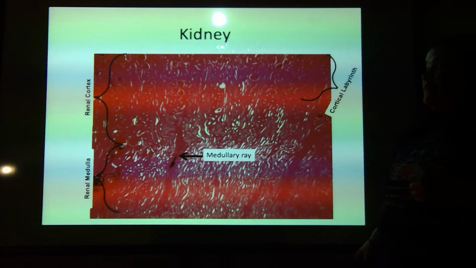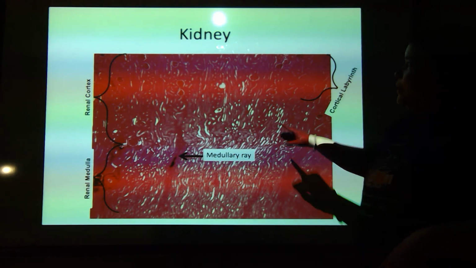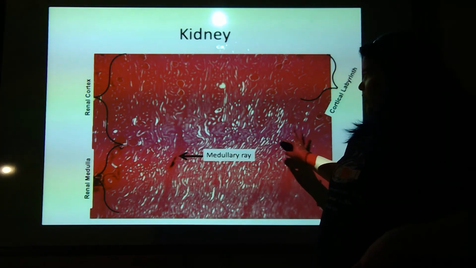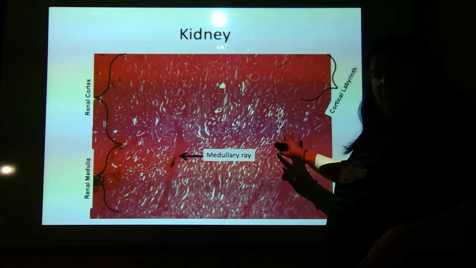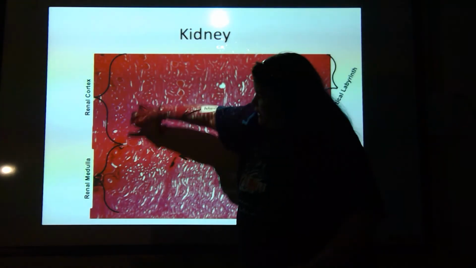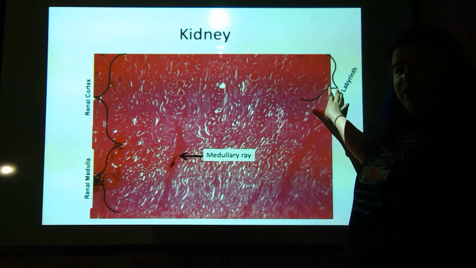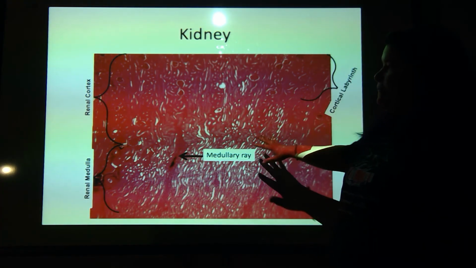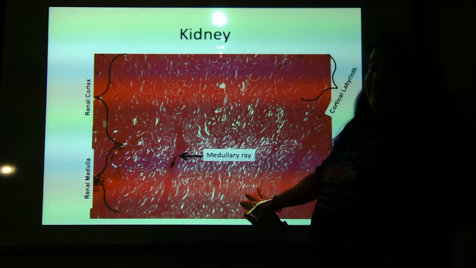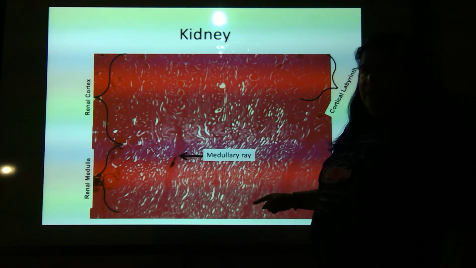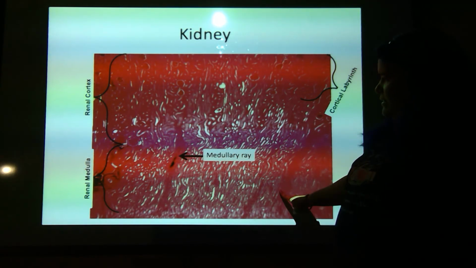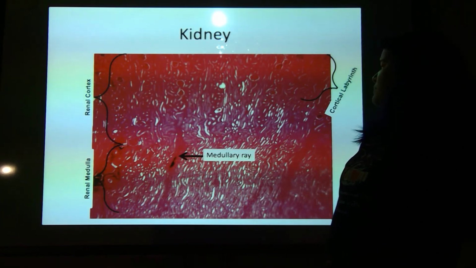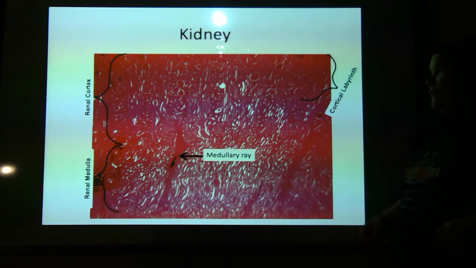So this area out here is going to be the cortex because that's where I've got those little bundles. Down here in the medulla, I don't. As well, you'll notice that some places in this medulla are really dark compared to others. These are actually called medullary rays.